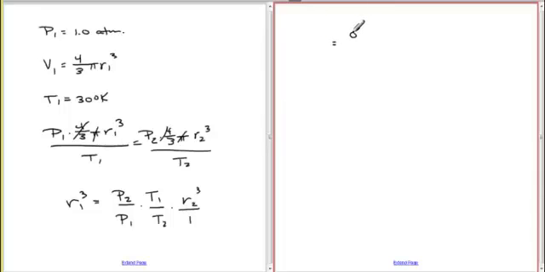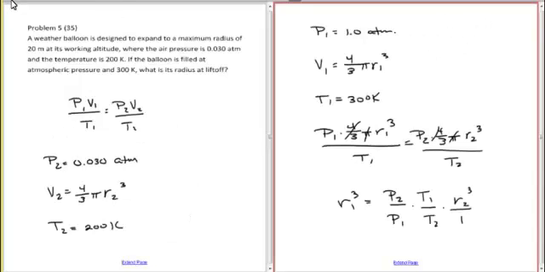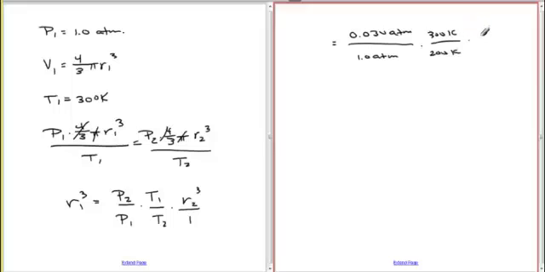So P2 is 0.03 atmospheres. P1 was 1 atmosphere. T1 was 300 Kelvin. T2 is 200 Kelvin. R2 was 20 meters, and that's cubed, and that'll give you R1 cubed.